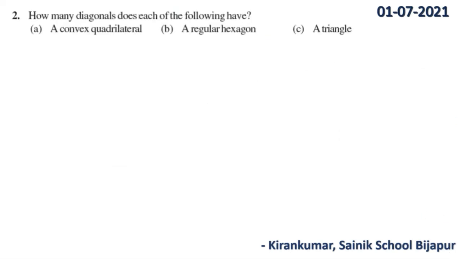Question number 2. How many diagonals does each of the following have? A convex quadrilateral. A quadrilateral will have 4 sides. You make use of this formula n times n minus 3 by 2. If 4 is the number of sides, 4 times 4 minus 3 by 2, which will be equal to 2. 2 diagonals are possible.